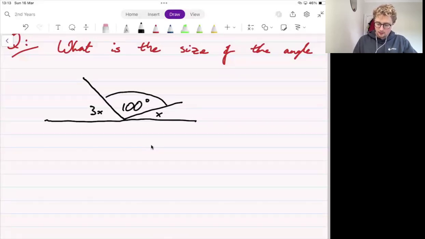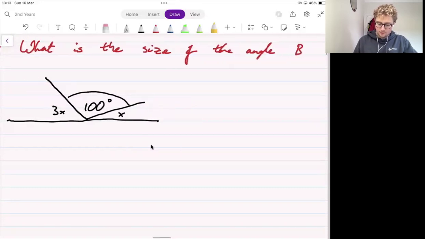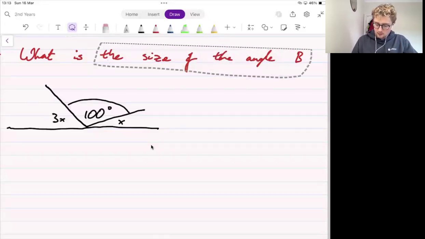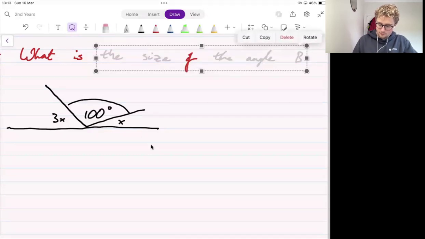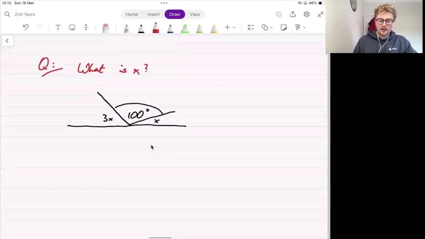And the angle, you know what? I'm going to change the question. Find the size, or what is x? So tell me, what is x?